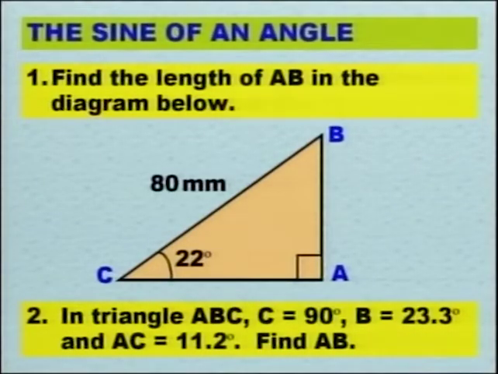Side not given, or the hypotenuse is not given. So long as the opposite side, if the hypotenuse is not given, the opposite side to the angle will be given. If not, you can use this. You can also use this one and find this angle, and then you can use cos. But that's later. We are only using the sine rule first.